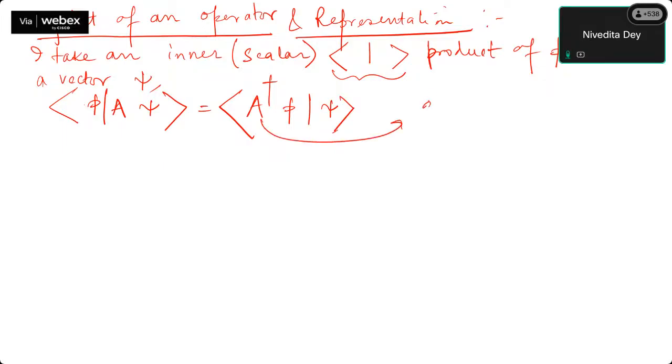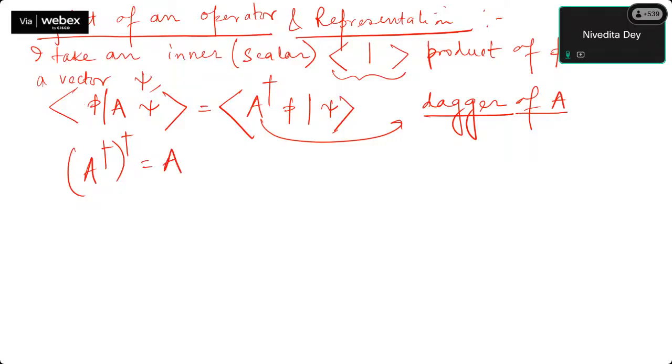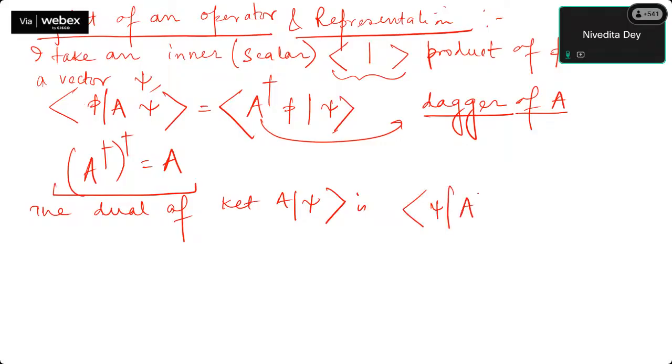And this is known as dagger, or dagger of A, say. And A dagger, whole dagger, just like A inverse, whole inverse, is equal to A. So this can be interpreted in this way: the dual of ket A psi is basically psi A dagger.